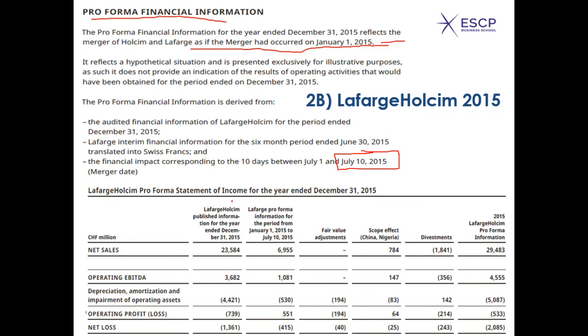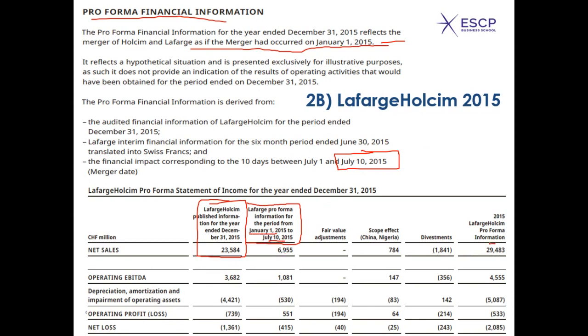Okay, so therefore we have the official sales revenue. And obviously, when I buy a company on July 10, only the sales revenue after that date is incorporated in the first year financial statements, because before that date, the company was not part of the group, and therefore any sales revenue is not a group sales revenue. Okay, so therefore I take this sales revenue for only part of the year, and then I add the sales revenue that Lafarge had on its own between January 1st and July 10, which is another 7 billion.